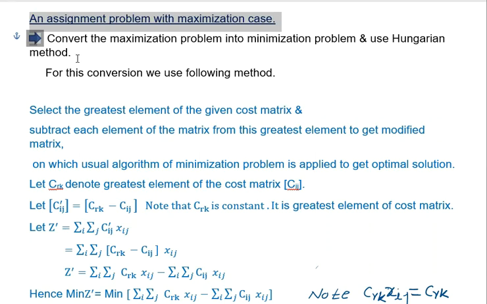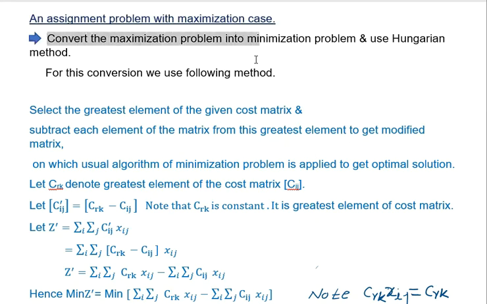So to use the same technique for a problem with maximization case, we have to convert the maximization problem into a minimization problem and use the same method, Hungarian method. What is the procedure for this conversion?